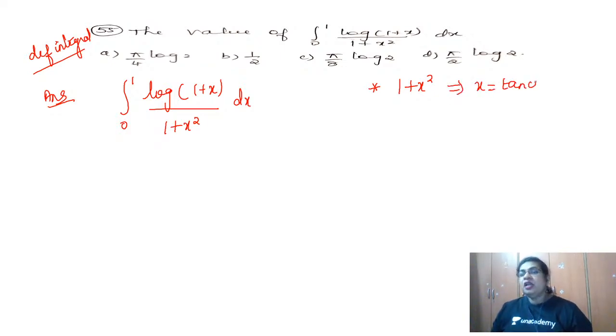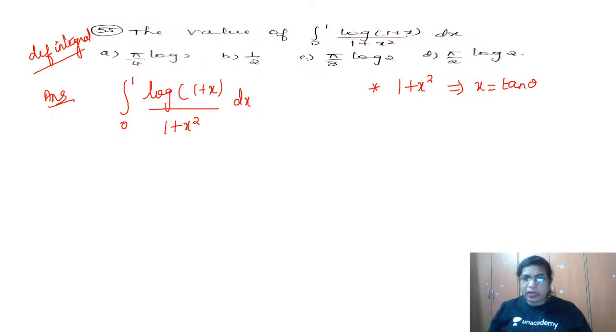When 1 minus x square is there, you take either sin theta or cos theta, according to the range. If you have minus and plus on the range, then take sin theta. If both the range is positive, then go for cos theta. And for x square minus 1, you take secant theta.